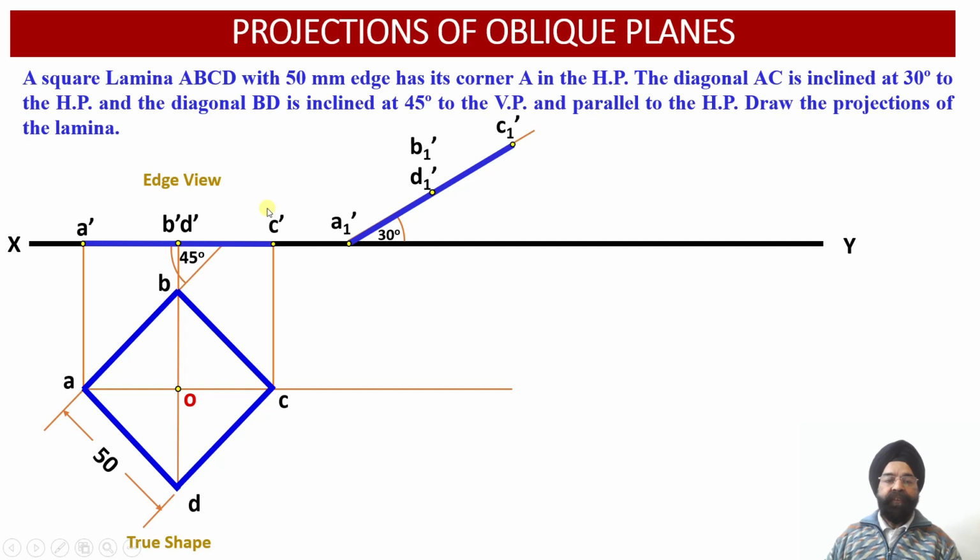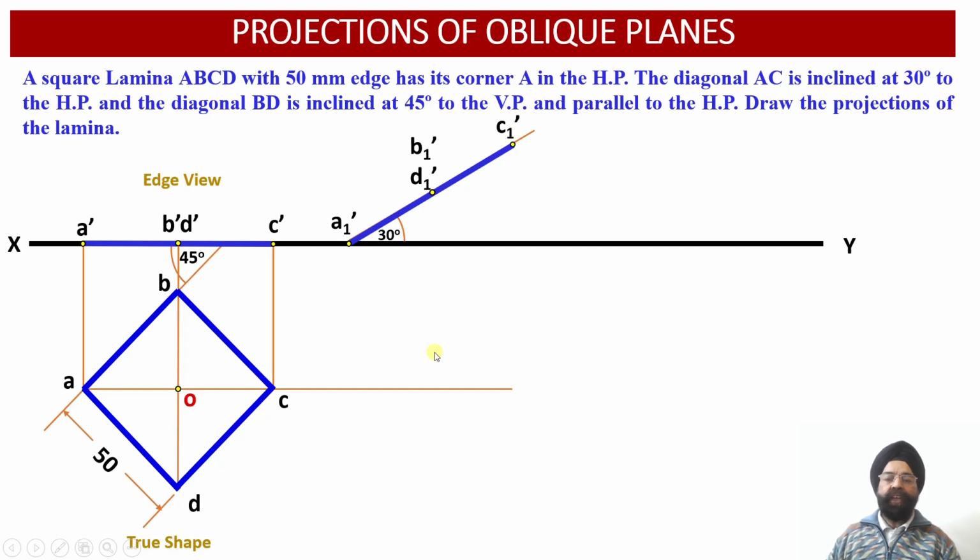So this way we have translated this front edge view at an angle of 30 degrees with respect to the horizontal plane. Now this diagonal has been marked at an angle of 30 degrees with respect to the horizontal plane, that is diagonal A1 dash C1 dash.